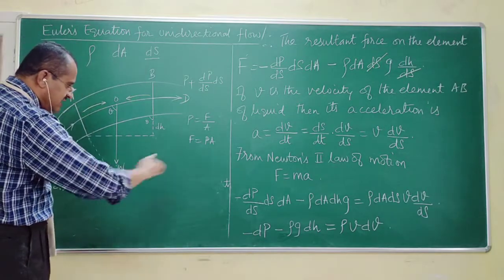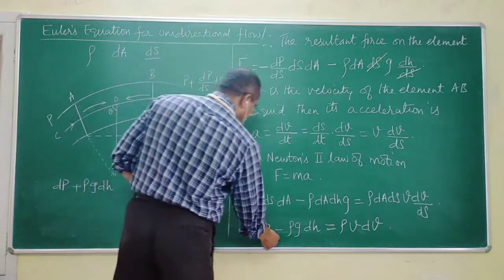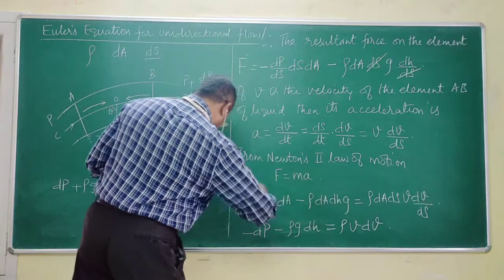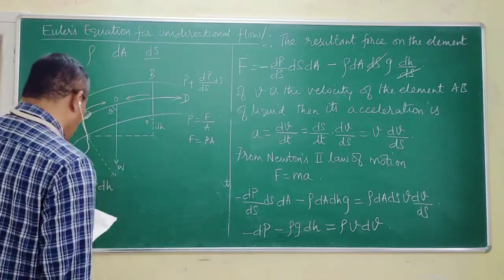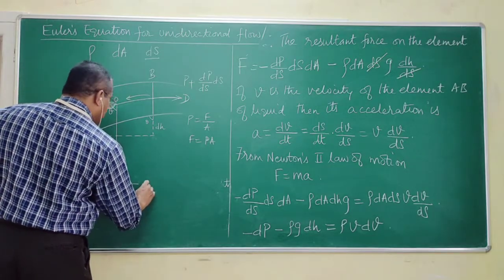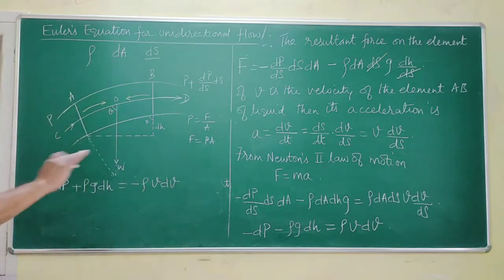If I multiply by a minus sign throughout, this will become plus, this will become plus, this will become minus, and if it is brought this side, then this will be equal to minus rho v dv. I have multiplied by a minus sign throughout.